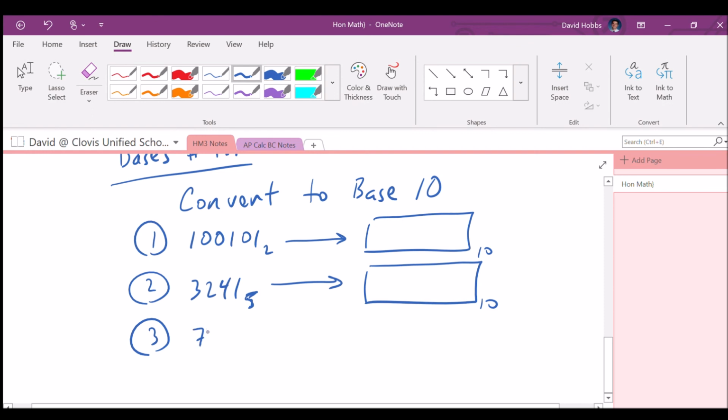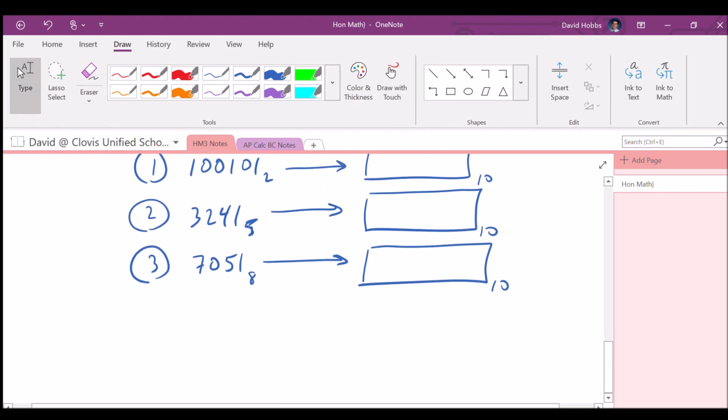Number 3: 7, 0, 5, 1, base 8. Convert that to base 10. And number 4: A, 7, B, 3, base 12.